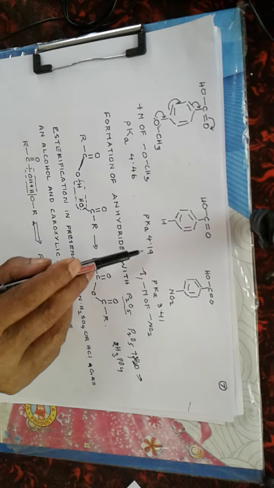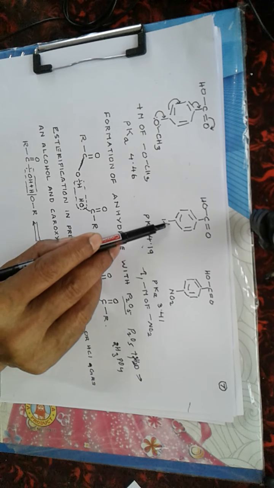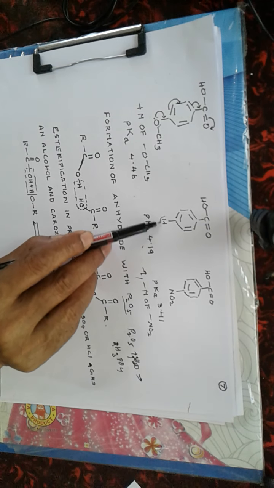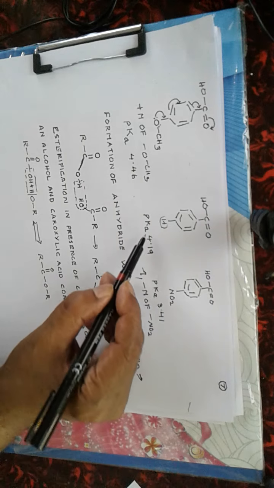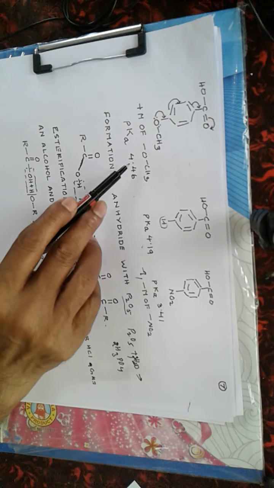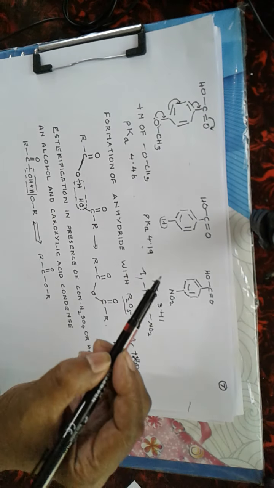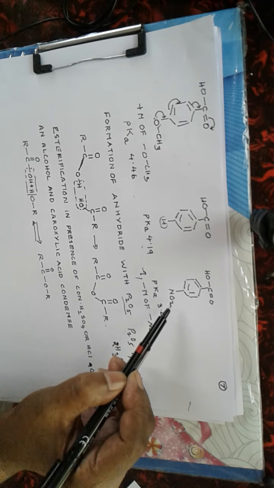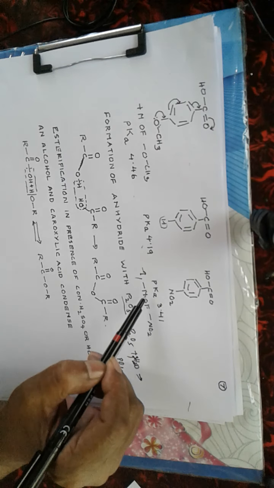Its pK value is found to be 4.46, and that is higher than that of benzoic acid, where the para position is occupied by H, and it shows no M effect, or its I effect is practically 0. So benzoic acid is stronger than para-methoxybenzoic acid, whereas when we come to para-nitrobenzoic acid, the nitro group shows minus I and minus M, that is highly electron withdrawing in character.